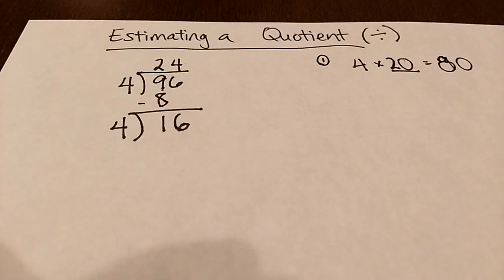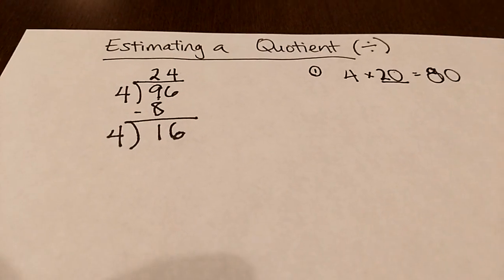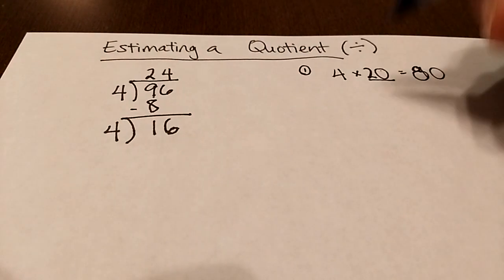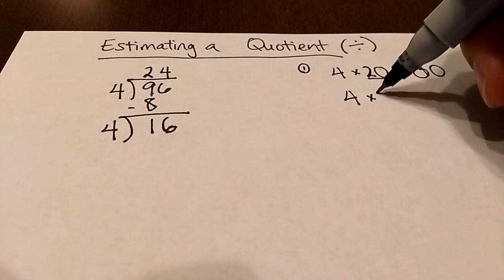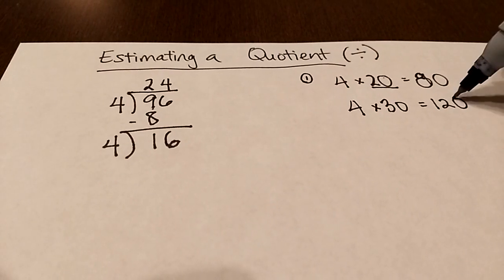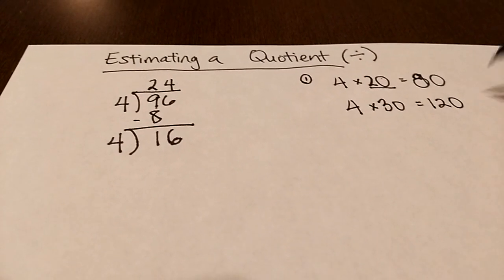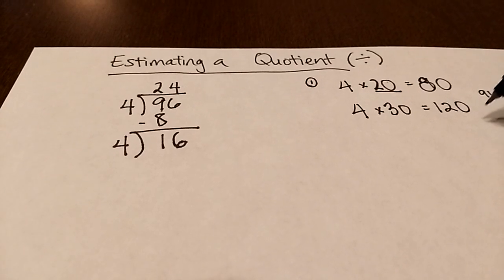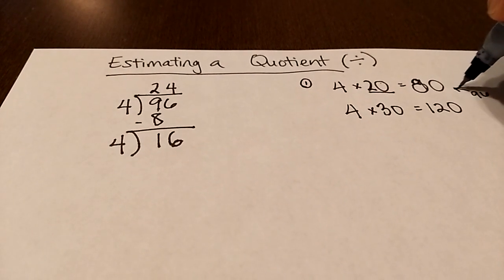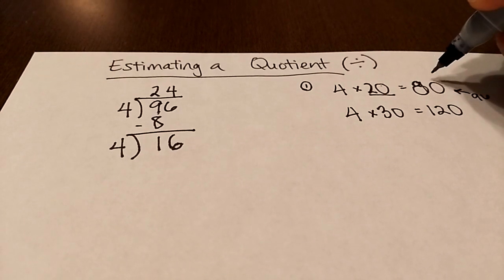And that's kind of close to 96. Well, just in case, let's go one more up because 80 is lower than 96. So we're going to go one more up. 4 times 30 is 120. Now, which one is 96 closer to, 120 or 80? 96, I think, is closer to 80.